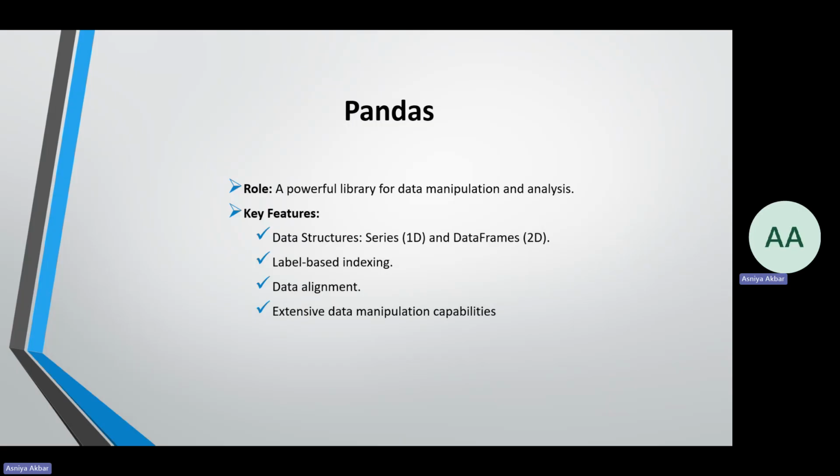So what is a series? A series is a one-dimensional labeled array capable of holding any data type. Each element in a series has an associated label or an index number. It is very similar to a column in a spreadsheet or a single column in a database table.